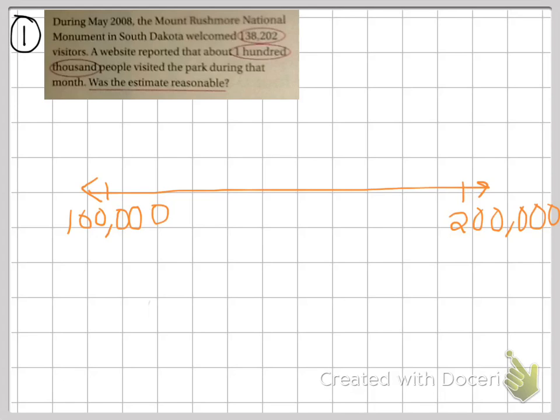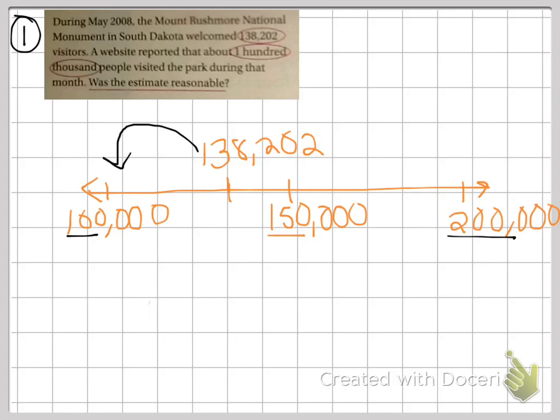So I know that halfway in between 100 and 200, well, that's 150. So I'm going to place 150,000 right in the middle. And next, place the actual number, 138,202. So let's see, that might be right around here. So now that we have our exact amount placed, we're going to determine if 138,202 is closer to 100,000 or closer to 200,000.